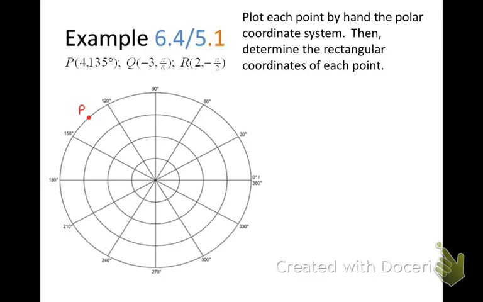All right, while we're at point P, let's find the rectangular coordinates for this point. How do I find the value of x for P? R over 2. Oh, I see what you're doing.